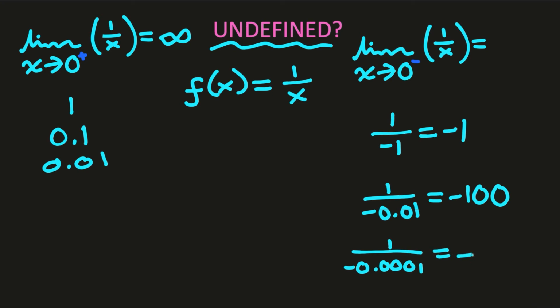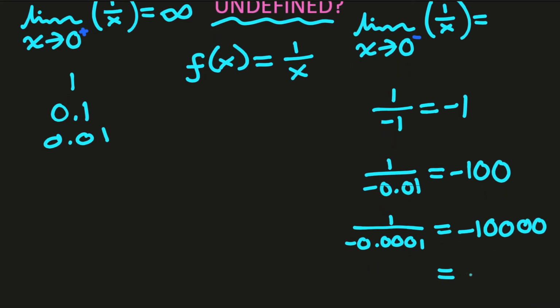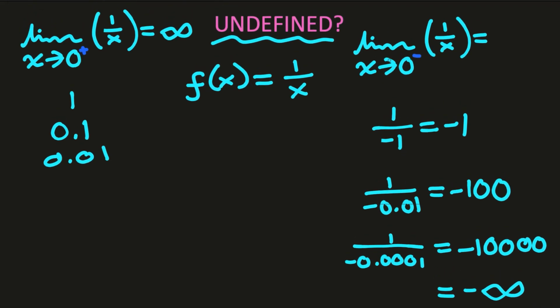I know this is equal to negative 10,000. And we can quickly see that this number will eventually reach negative infinity. So we'll get really close to negative infinity, just never reach it. However, we can always say that the limit as x approaches 0 from the negative side is equal to negative infinity. And notice how these two values are not equal.